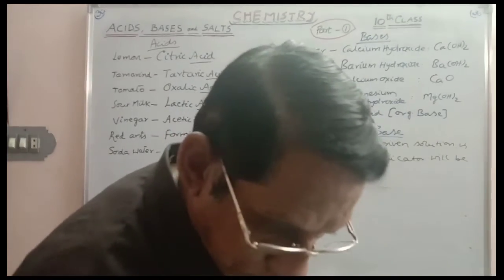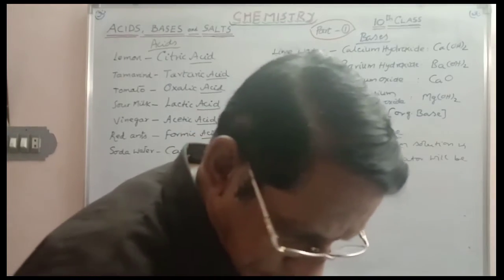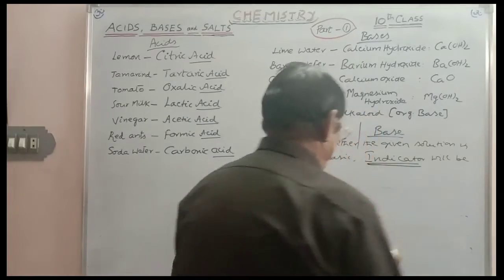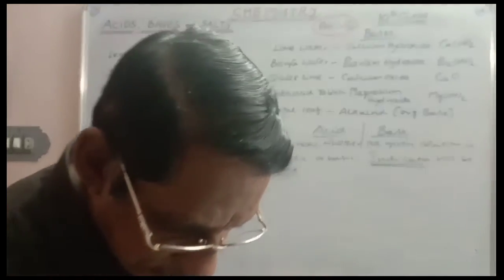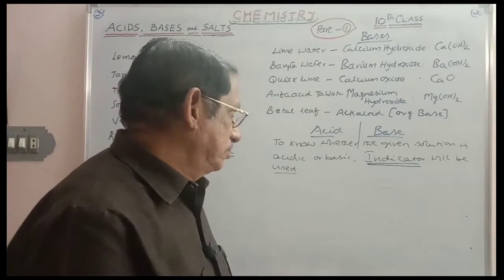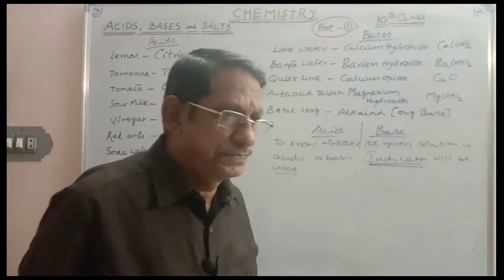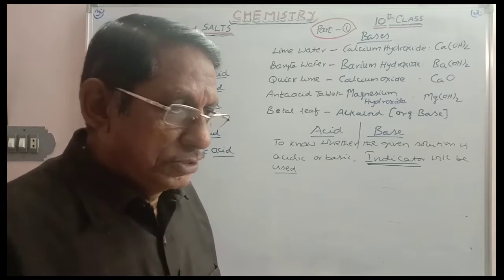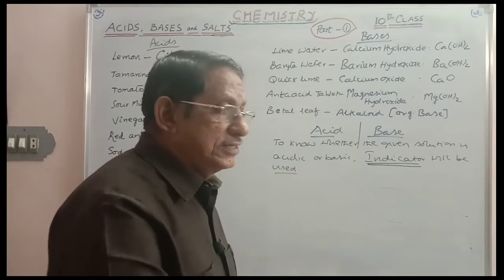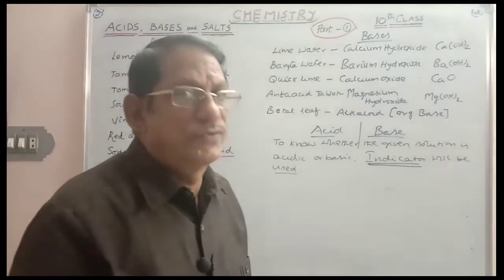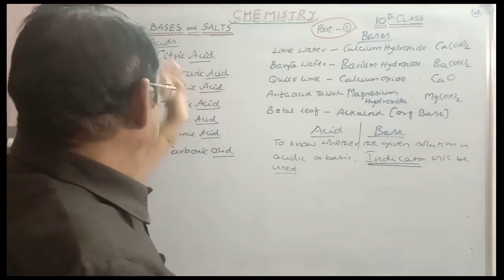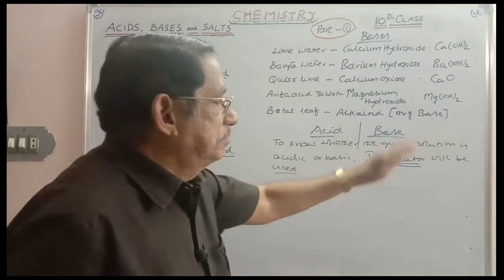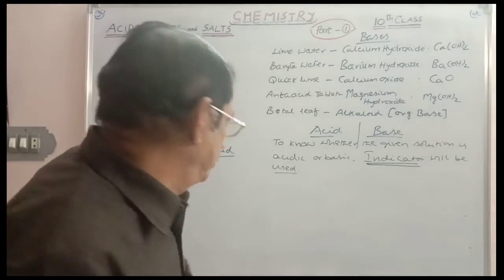You have to know that generally we use indicators to recognize whether the solution is acidic or basic, whether the substance is acidic or basic. So first of all, you have to know the indicator and its action before proceeding to the chapter acids, bases and salts, because it carries its importance in recognizing acids and bases.